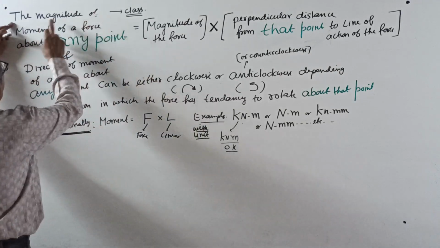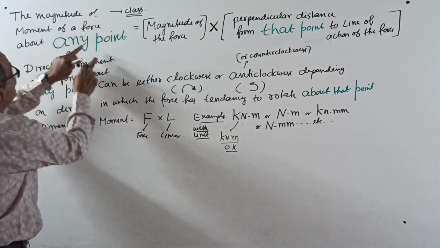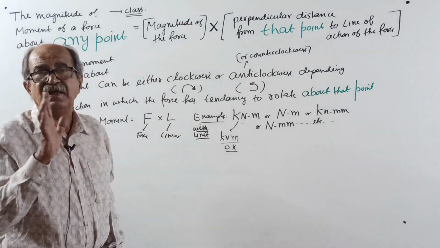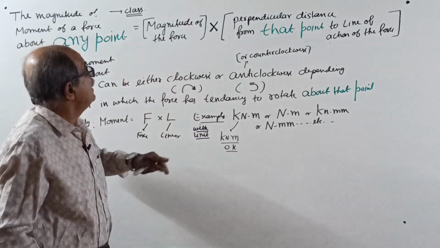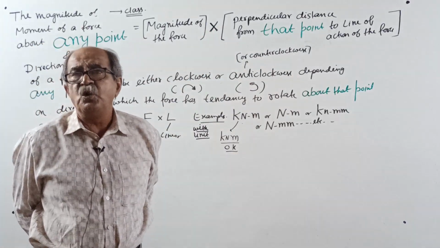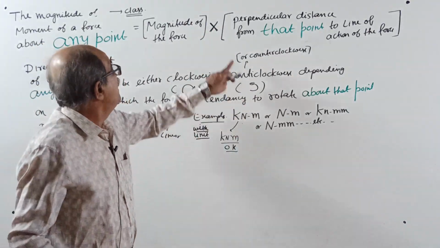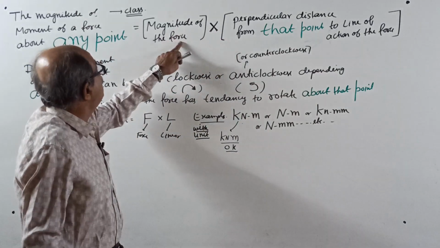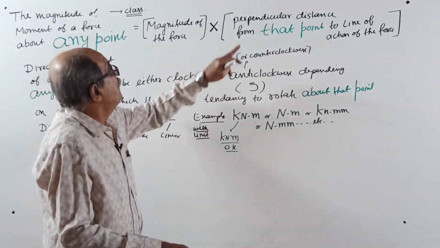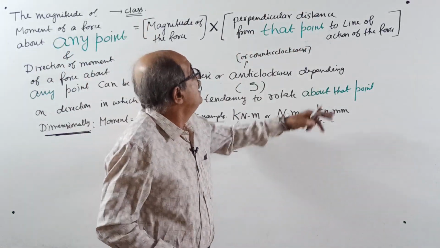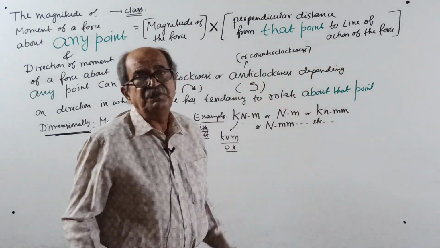The magnitude of moment of a force about any point is the product, that is, multiplication, of the magnitude of the force and the perpendicular distance from that point to the line of action of the force.